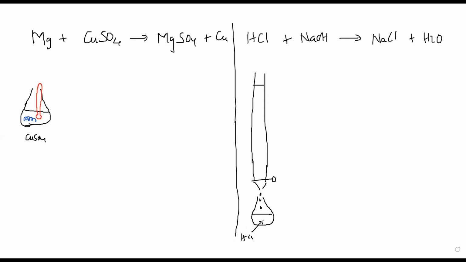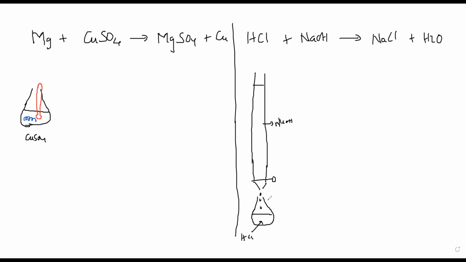At one point of time, all the HCl in this conical flask will be over. If I add any more NaOH after that, that NaOH will not have any HCl left to react with.